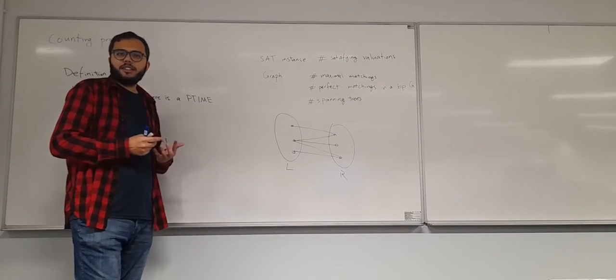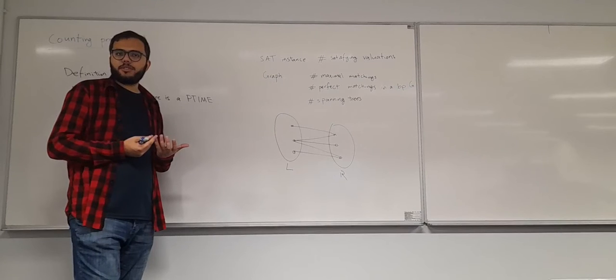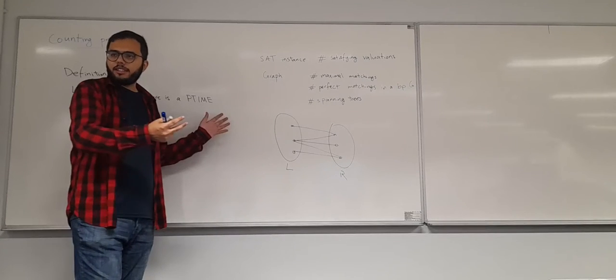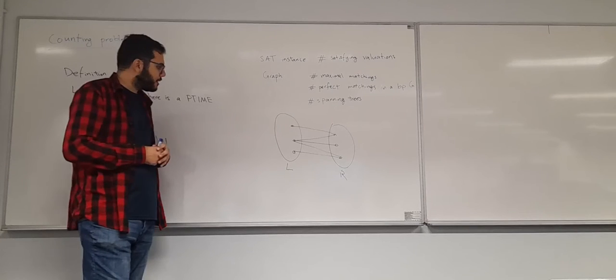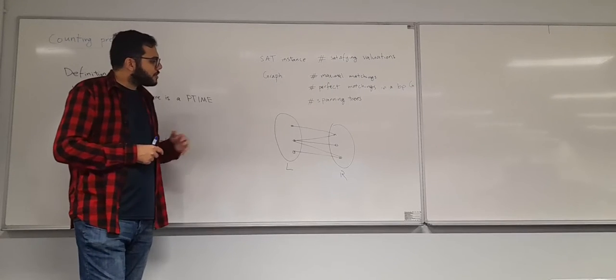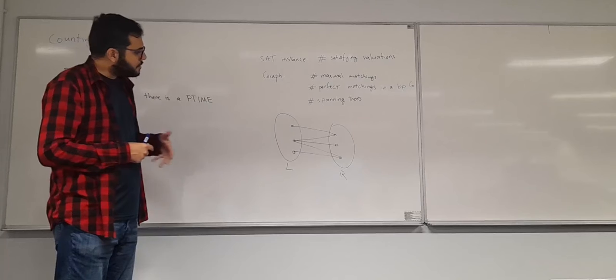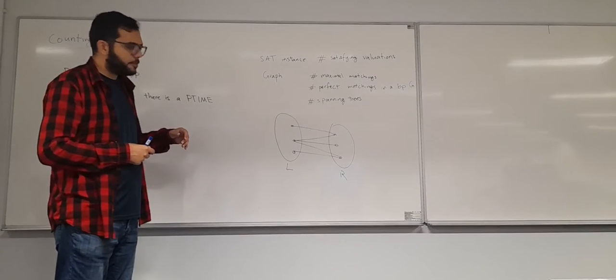And actually, there is a greedy algorithm for it, right? You just assign randomly, and then you try to find a matching that is a little bit better, and so on. You can also solve it with network flow algorithms.